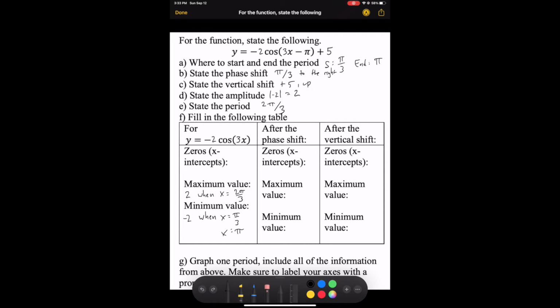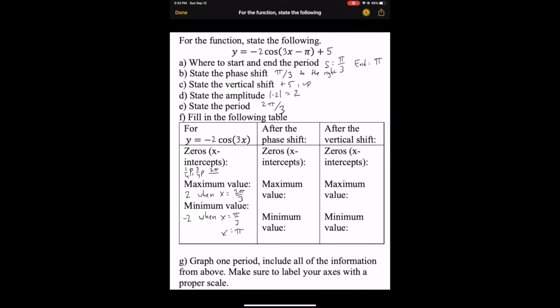Okay, so we can figure out the zeros here at 1/4 p and 3/4 p. And so that's going to be 2 pi over 12 and 6 pi over 12.